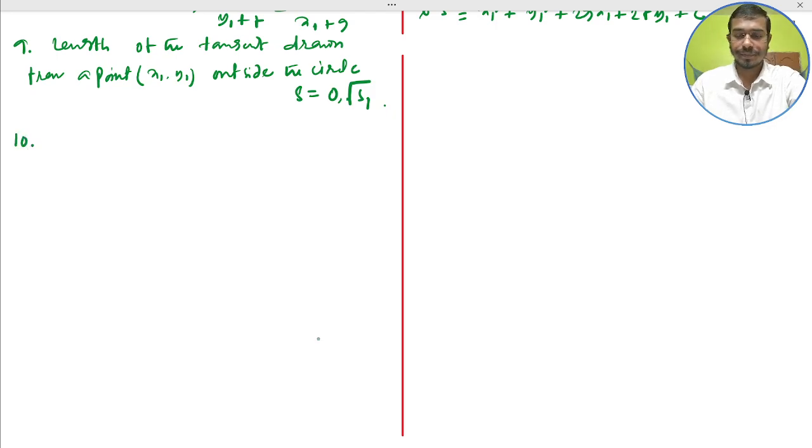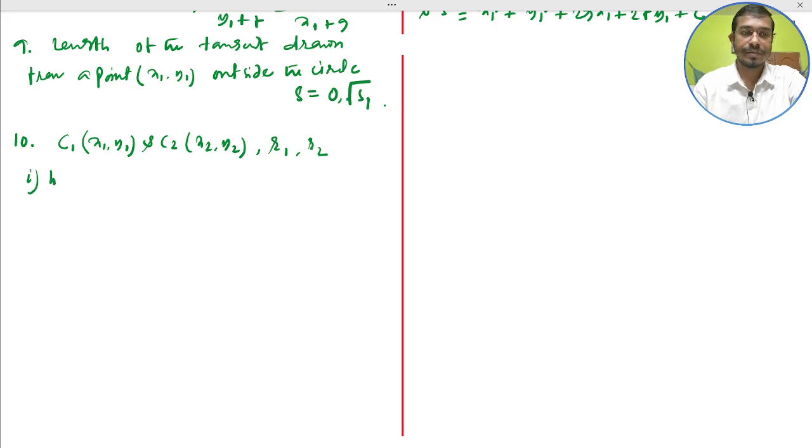Number 10. Circle C1 whose coordinate is x1, y1 and the circle C2 be x2, y2 and the radii r1 and r2 touch each other externally. First condition, touch each other externally.